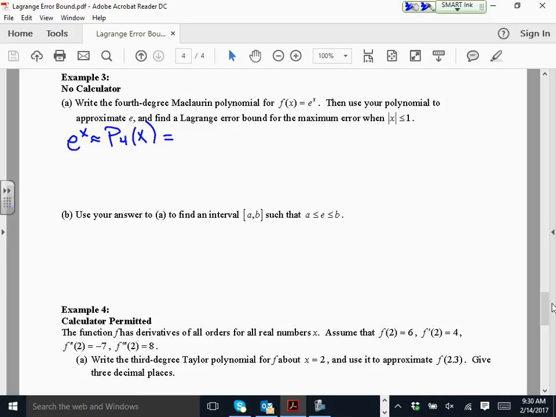So we have 1 plus 1x to the first plus 1 over 2 factorial x to the second plus 1 over 3 factorial x cubed plus 1 over 4 factorial x to the fourth. You're probably going to see this written as x squared over 2 factorial, x cubed over 3 factorial, x to the fourth over 4 factorial.